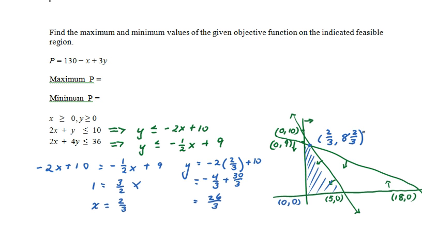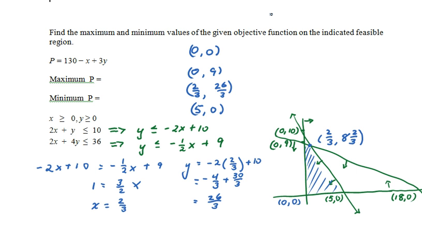So to find the maximum and minimum this time, we are going to use the 4 points (0, 0), (0, 9), (2/3, 26/3), and (5, 0).